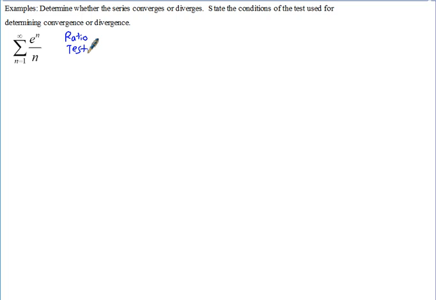And there might be another test that works. You might be able to figure it out with another one, but the ratio test seems to fit this one the best. So the ratio test, remember, you just find the limit as n approaches infinity of the absolute value, and you substitute an n plus 1 wherever there's an n, so e to the n plus 1 divided by n plus 1, and that's divided by the original formula, e to the n over n.